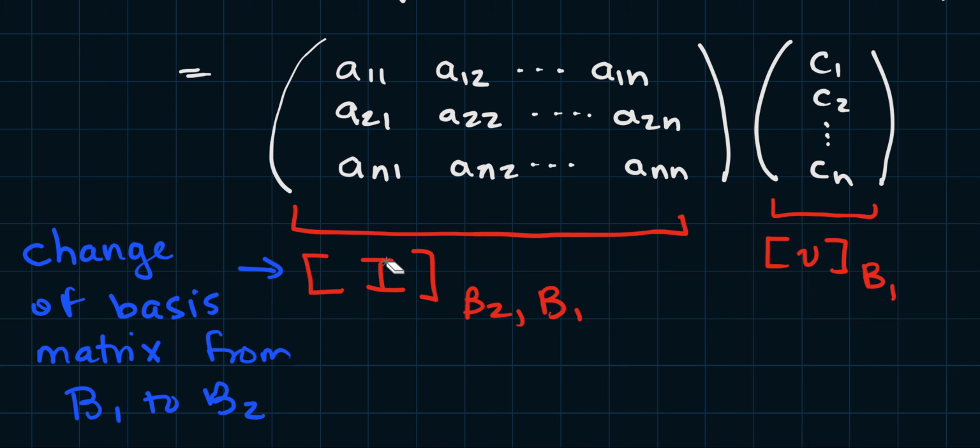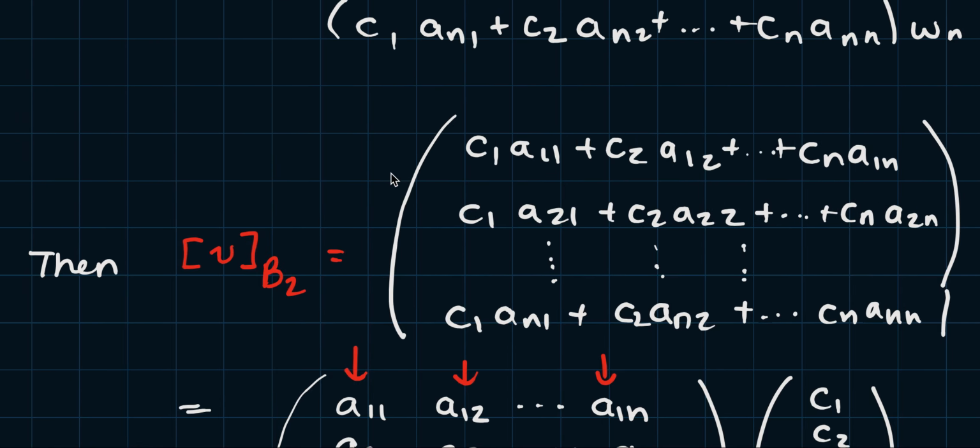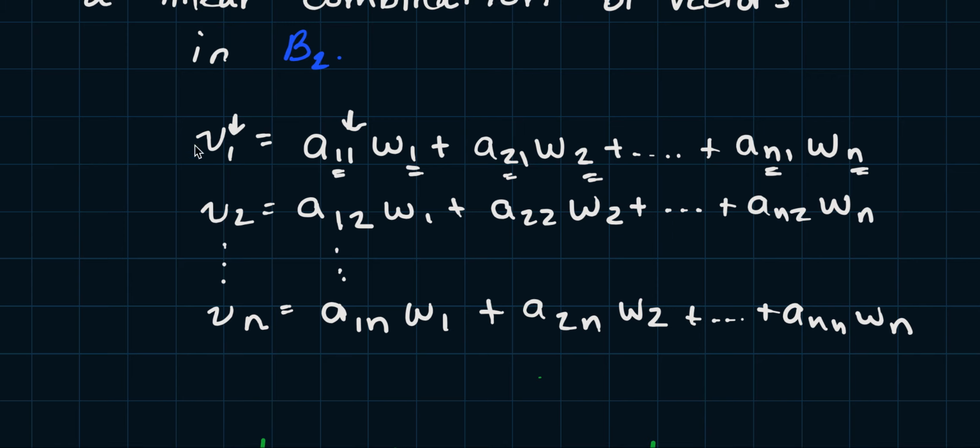So this matrix, I, B2, B1, look at these columns. This column, this column, this column. If we scroll up, remember how we defined these Vi's? You see I have A11, A21, all the way to An1. If I wanted to write V1 in terms of B2, its coefficient matrix is A11, A21, all the way to An1, right?